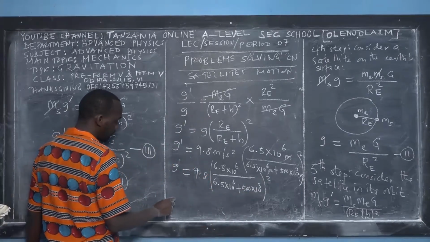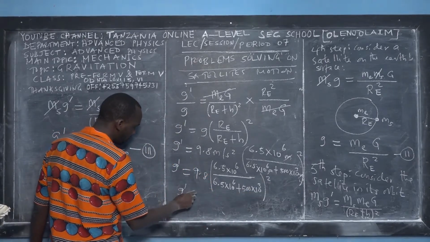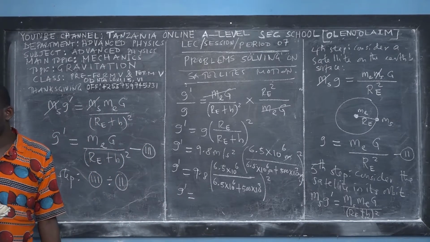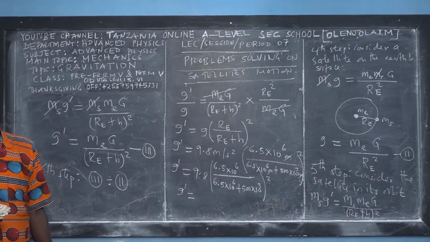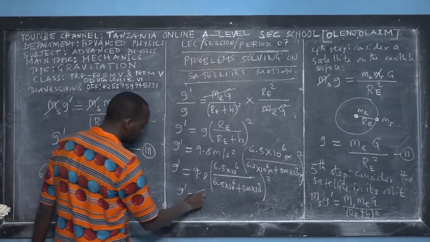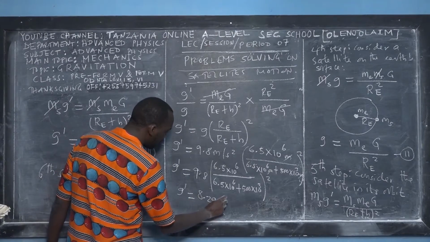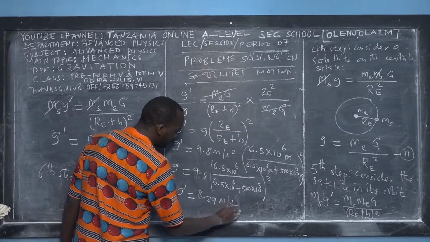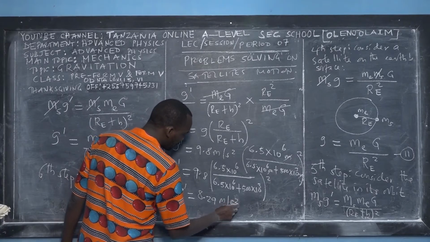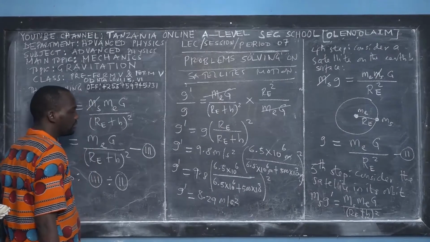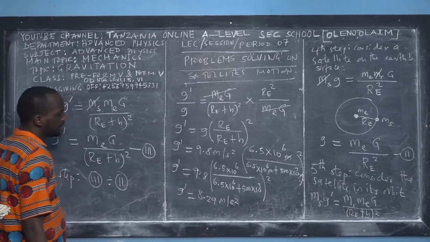So when you do your computation by using your scientific calculator, you will find that acceleration due to gravity on the satellite's surface is 8.29 meter per second square. That's the value for acceleration of gravity on there.